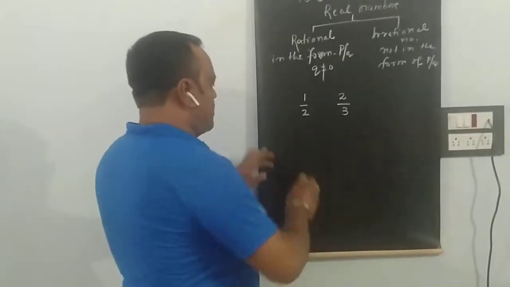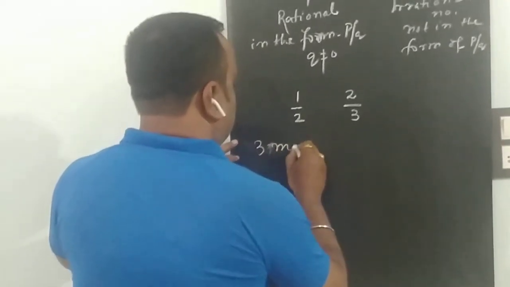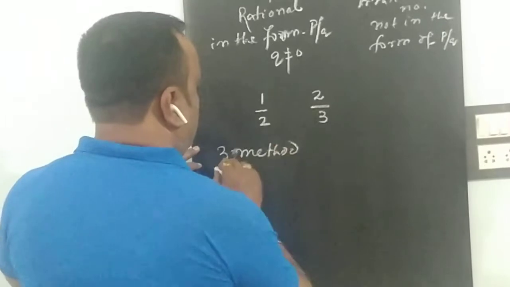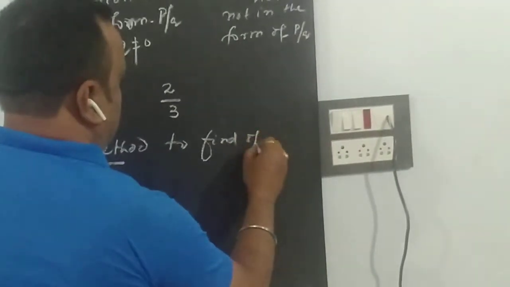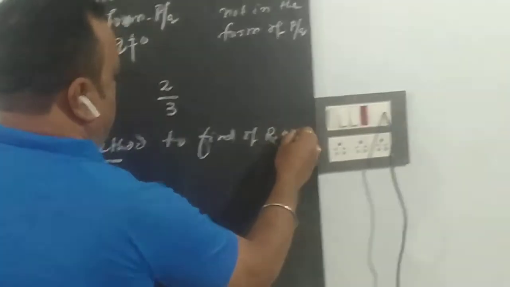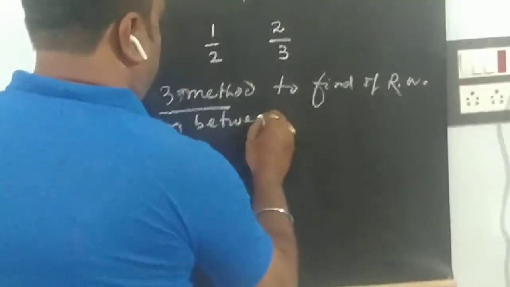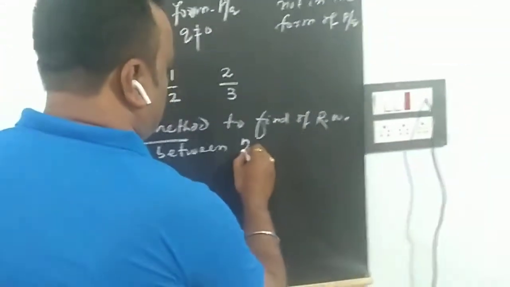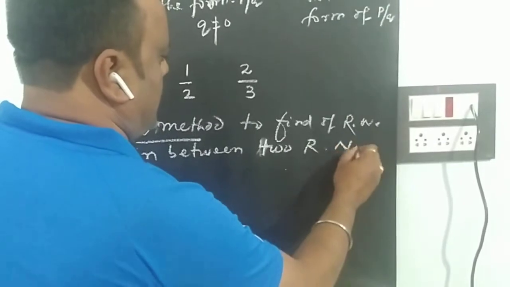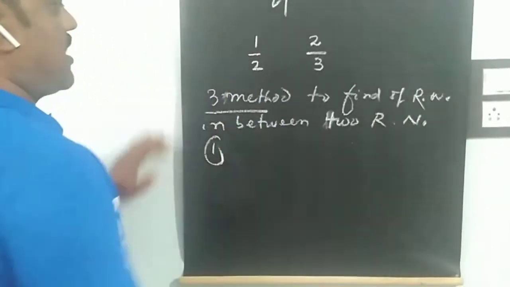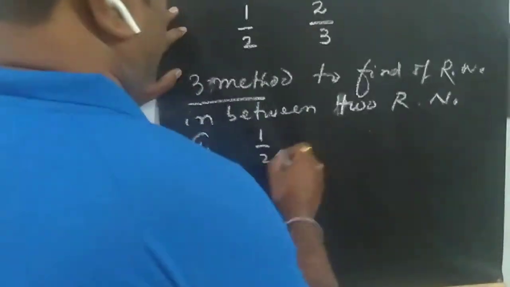There are three methods to find rational numbers in between two rational numbers.